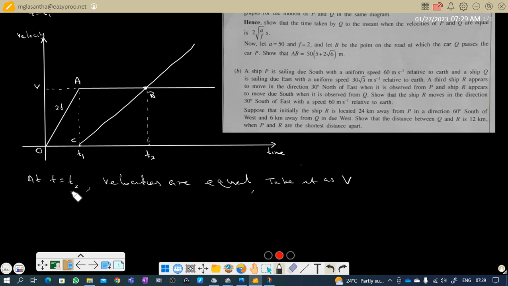Now if you take the velocity at t equals t2 as v, how do you find v? You are given that the distance travelled by P up to t1 is simply a. That means the area of this triangle OAC equals a.